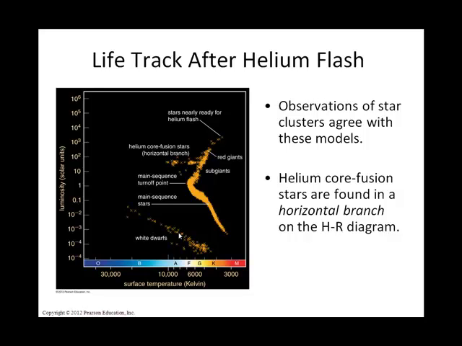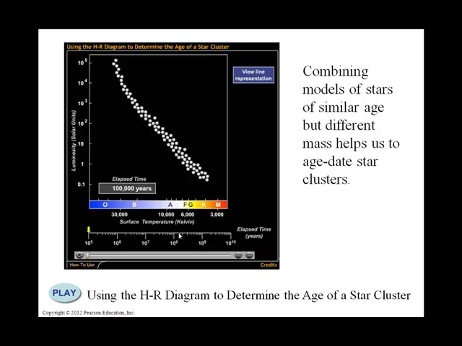So when that new equilibrium I mentioned is reached, where now the core is fusing helium into carbon, the star hangs out in a region of the HR diagram we call the horizontal branch.